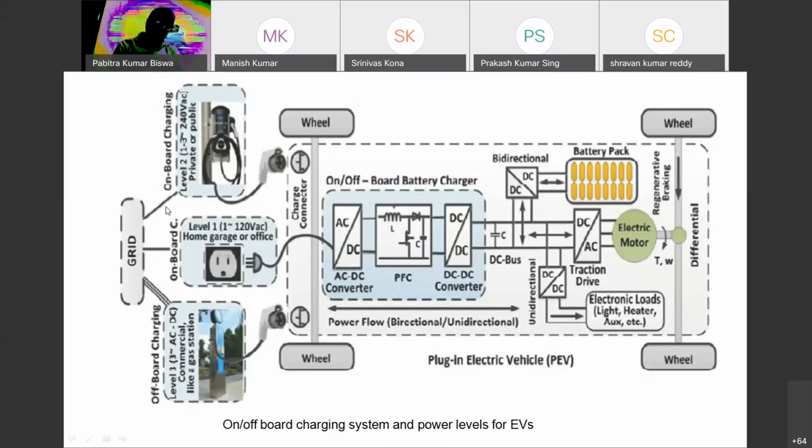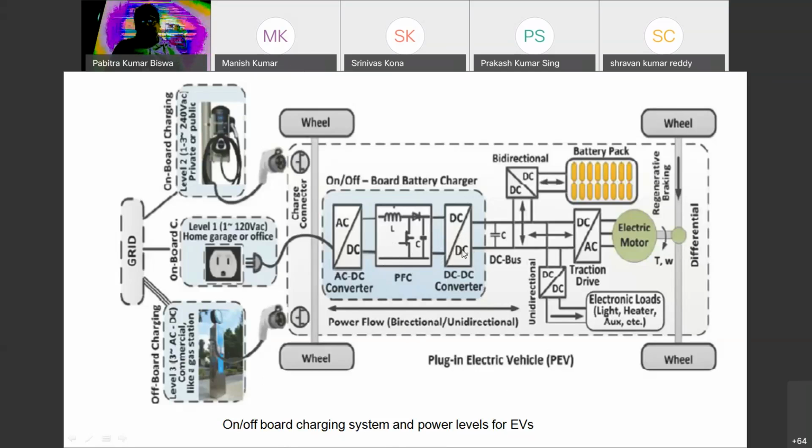The grid is connected here to the on board charger, then the AC to DC converter, and the charger. Then there will be the flow of power. The power flow will be bidirectional.